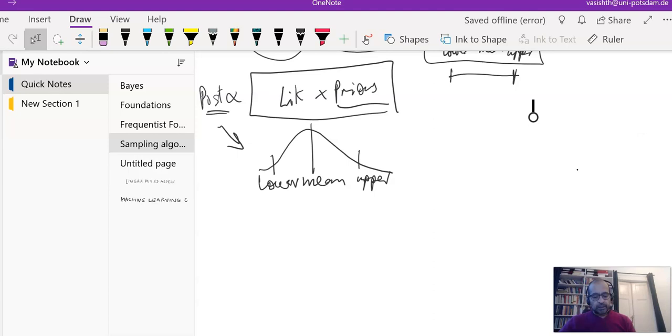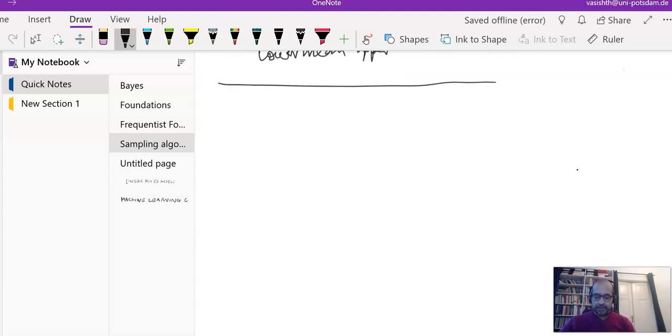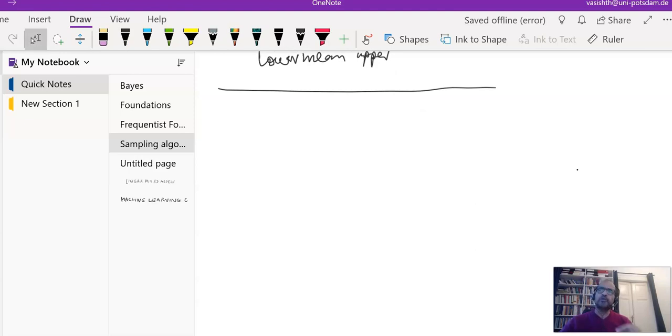Okay, so how do we proceed? There are several ways to obtain the posterior in this way. I'm going to show you some of the classical approaches, and then I'm going to give you a very superficial summary of the actual sampling approach taken by Stan, right?